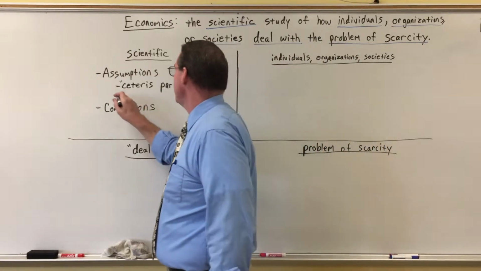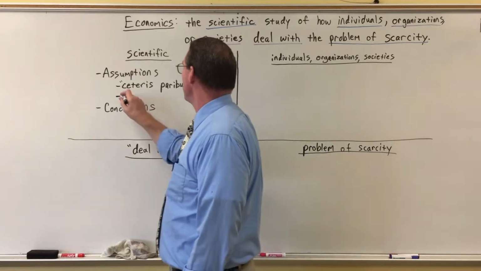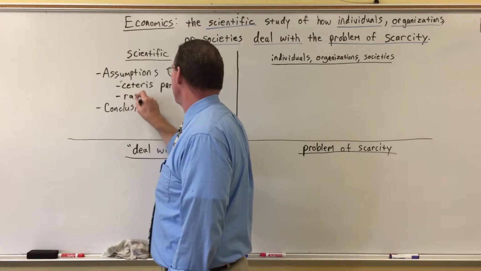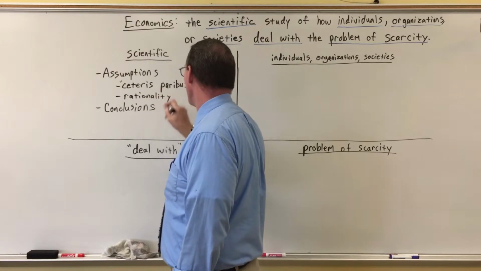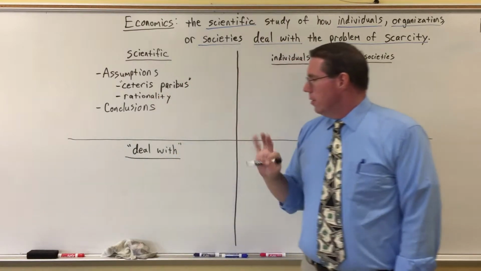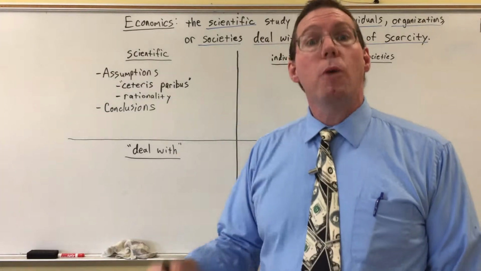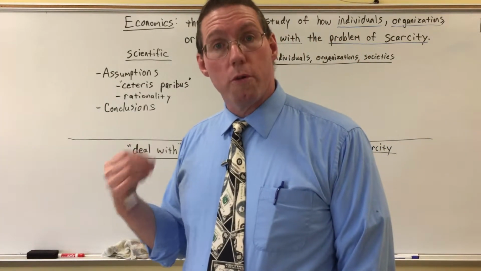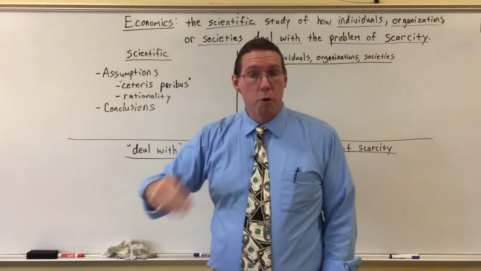The second assumption, what is the second assumption? Oh, the second assumption is rationality. Now, we've got to be very flexible with this rationality assumption, but we're still going to use it in this principles class.